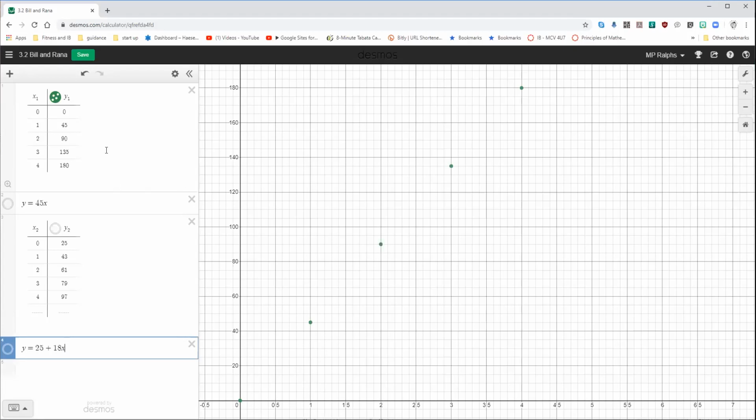So 2 and 90 matches up with this point here. 3 and 135, if we come across to 3 hours and then up to $135, there's that fourth point. And then the fifth point is 4 hours and $180. So we're starting at the origin, we go across 4 hours, and then we go up to $180. Okay, so that's what the graph looks like for Rana's service.